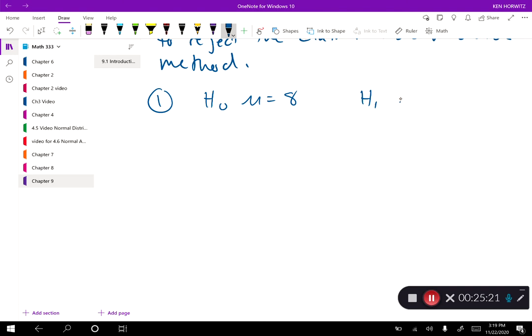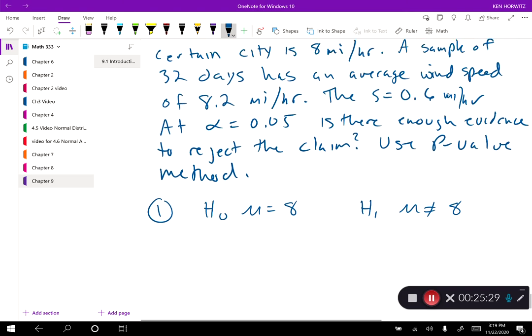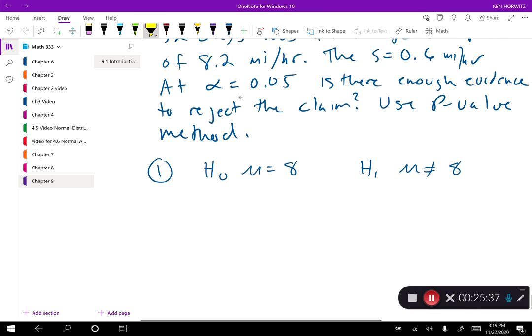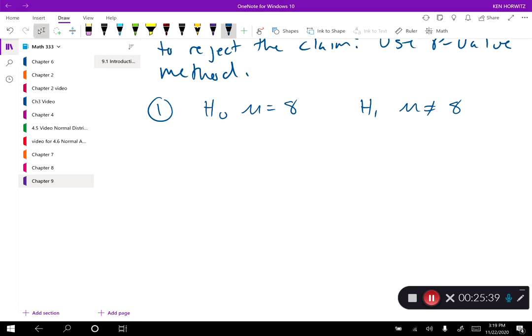My alternative is that mu doesn't equal 8. Looking back at the problem, it says pretty explicitly that a researcher claims wind speed is 8 miles an hour. Therefore, my null hypothesis is the claim.